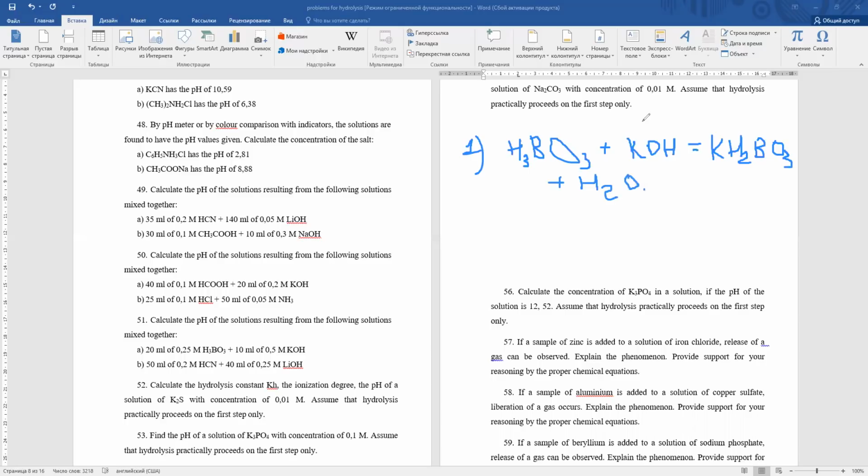As you can see, in order to make the first stage happen, we need 1 mole of the potassium hydroxide.